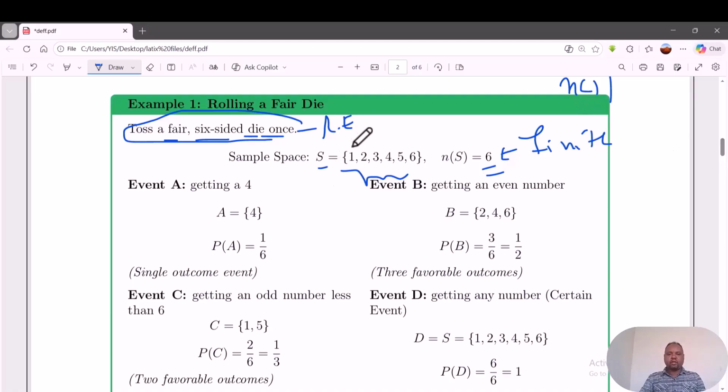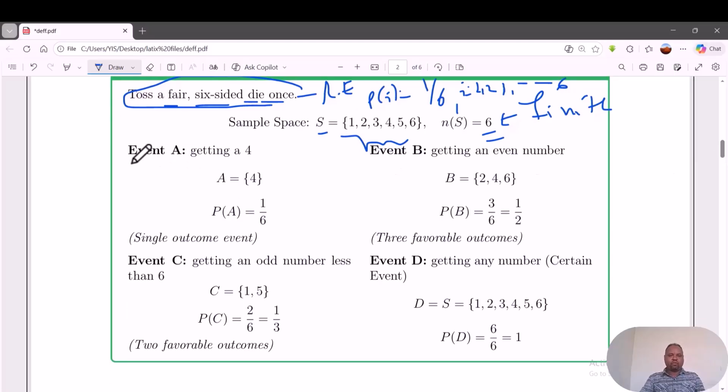And we know that these outcomes are equally likely. The probability of every outcome is 1 over 6, for i = 1, 2, 3 to 6. So we are assured that the outcomes are equally likely and the sample space is finite.